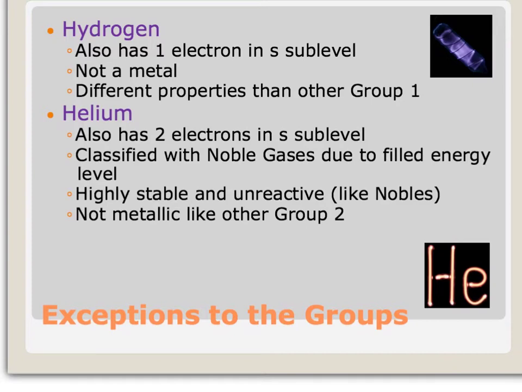But it is organized with the noble gases rather than with the group 2 metals because it is so unreactive and so stable, just like all of the other noble gases. It's also not a metal, it's a gas. And so it has more in common with the noble gases really than it does with the metals, and so that's why it got grouped over there.